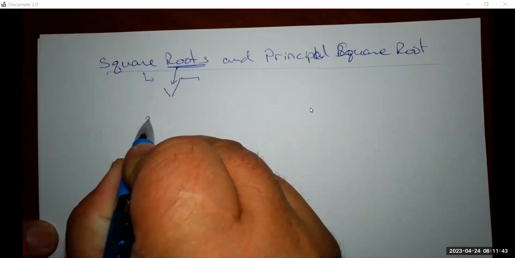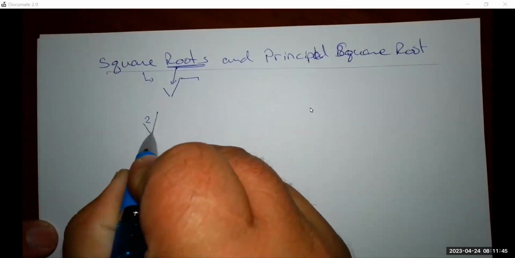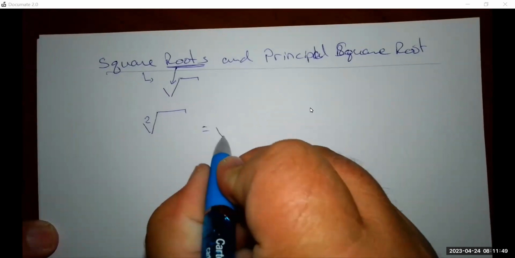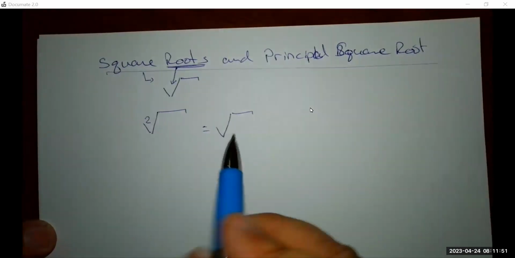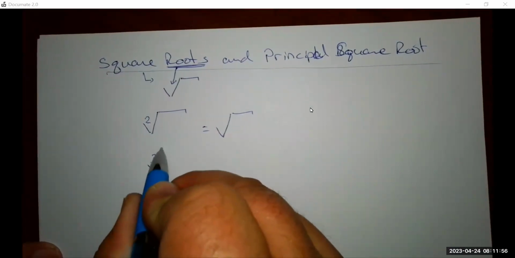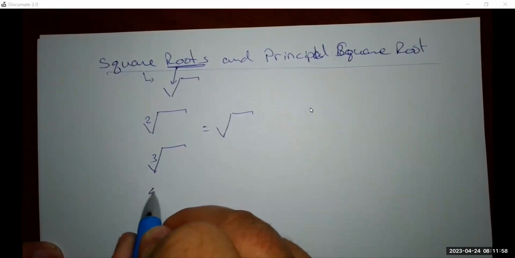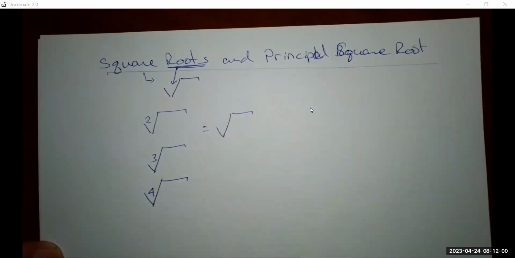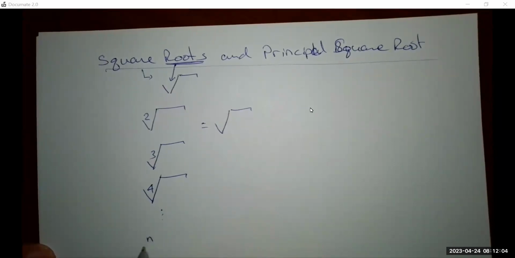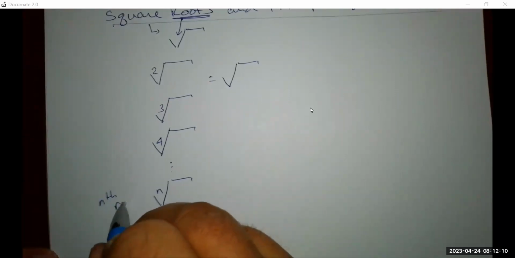If it's square, there's an invisible 2 there. Anything higher has to have that number in it. It goes all the way down to something called the nth root.